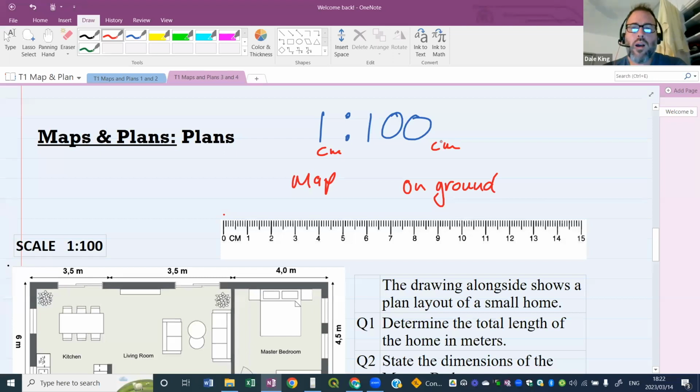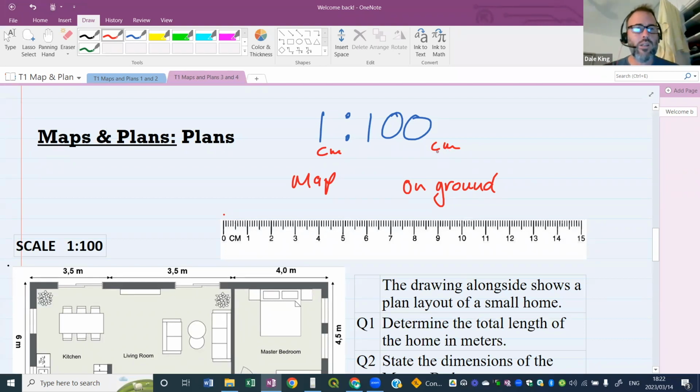Maybe we want to buy carpeting and they will give you a price for carpeting that's per meter squared. Then it makes sense for us not to work in centimeters on the ground, but to work with meters on the ground. So we'll convert this 100 later on to whatever units we want to work with. But when given as a ratio, we've got centimeters on the left and centimeters on the right.